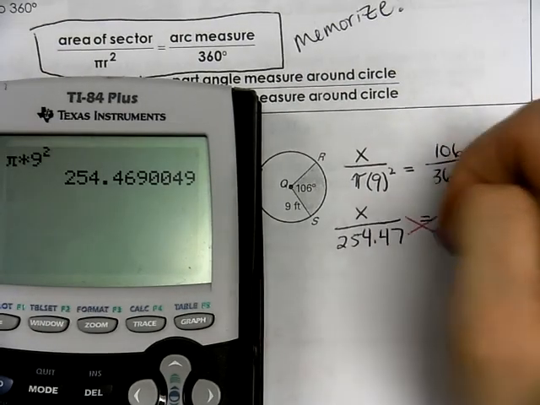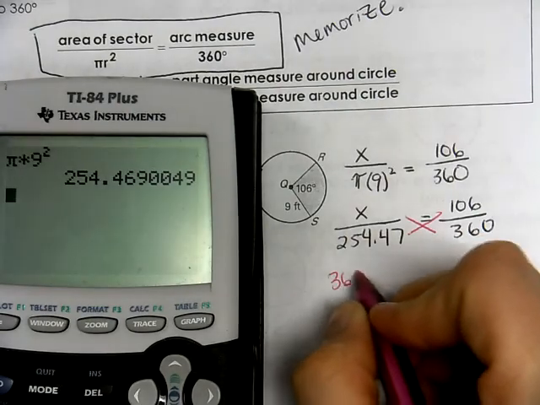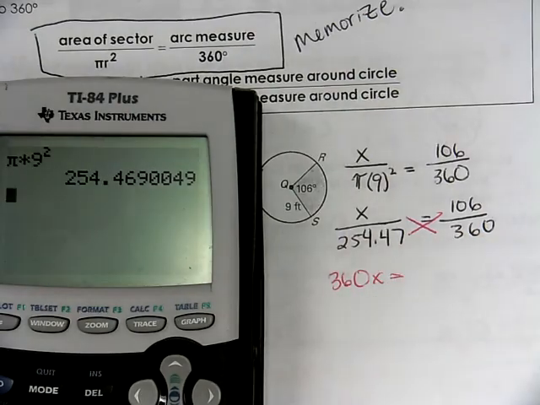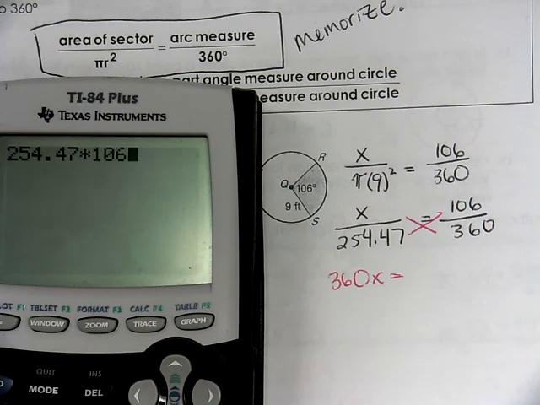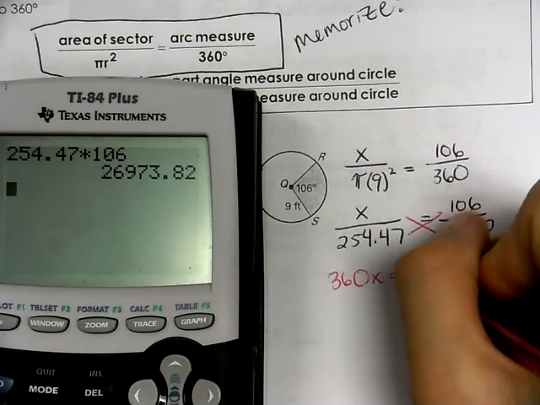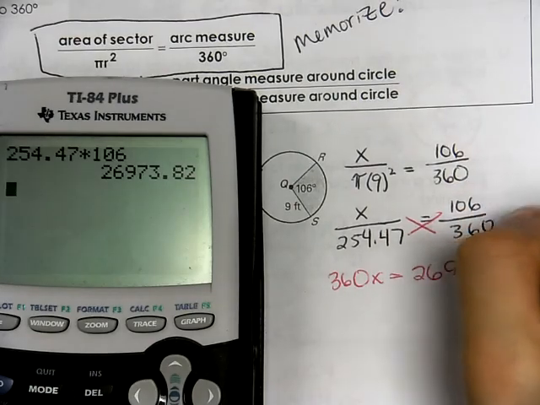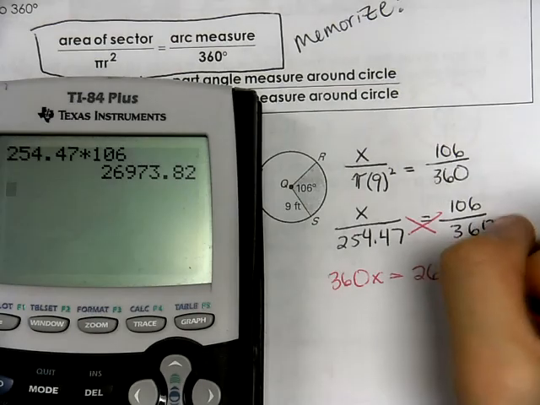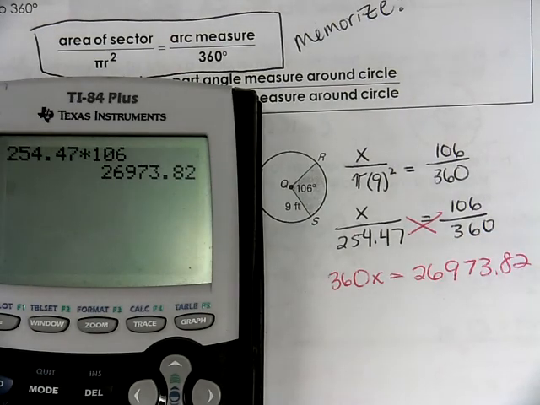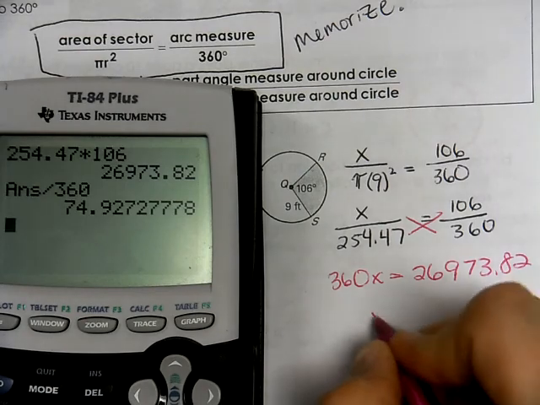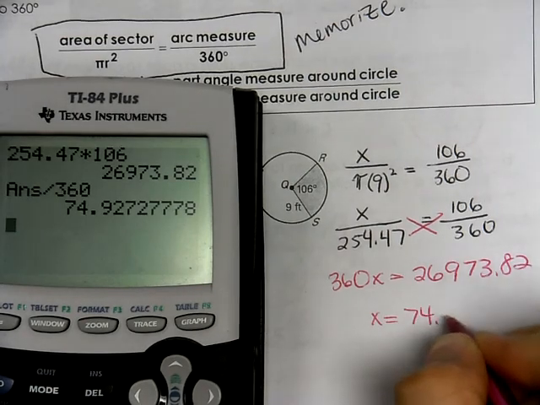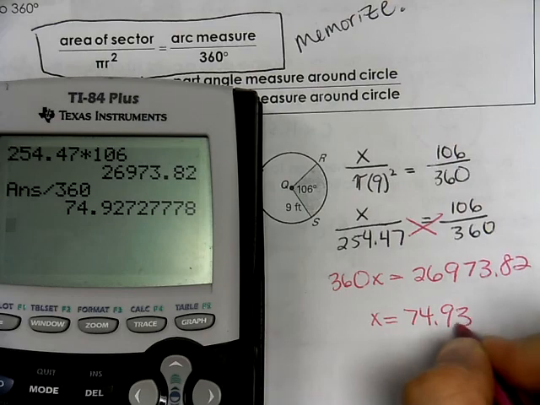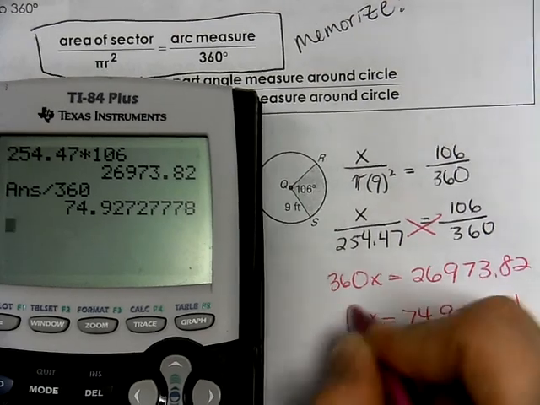Then you cross multiply. Ooh, big number. 26,973.82. Divide by 360. 74.93 inches squared.